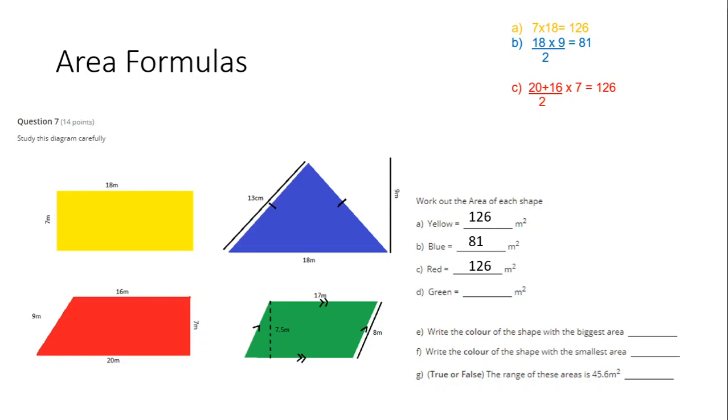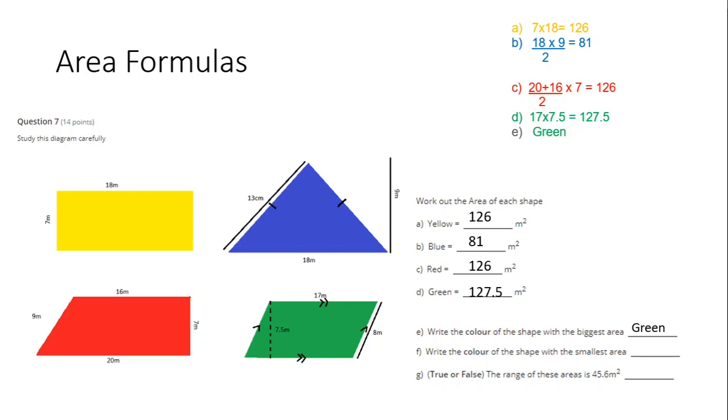That's just base times height. The base is the same as what I've got labeled here at the top, 17 centimeters, and the height is the 7.5, not the 8 meters, which is going at some other angle other than 90. So 17 times 7.5, 127.5 meters squared. The color of the shape with the biggest area, clearly, I hope you can see, that's my green shape.